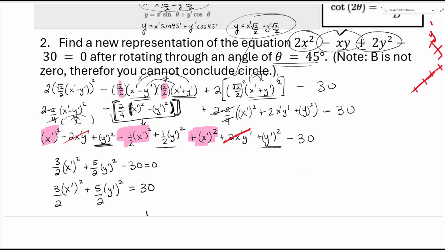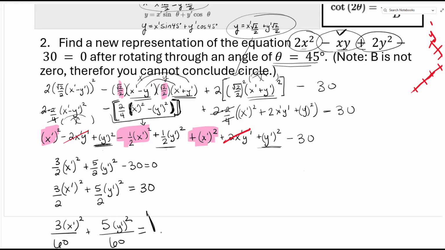Instead, we'll divide. So if we divide everything by 30, this will become 3x prime squared over 60 plus 5 y prime squared over 60 equals 1.